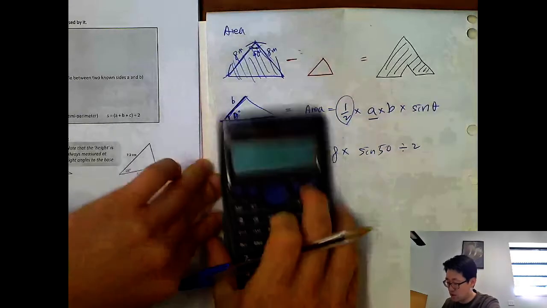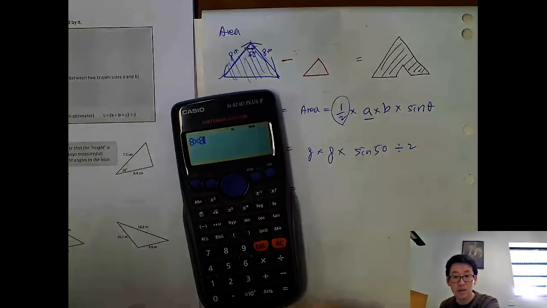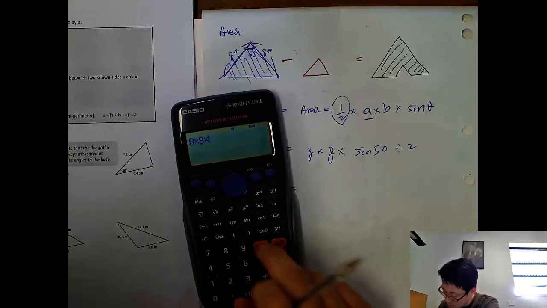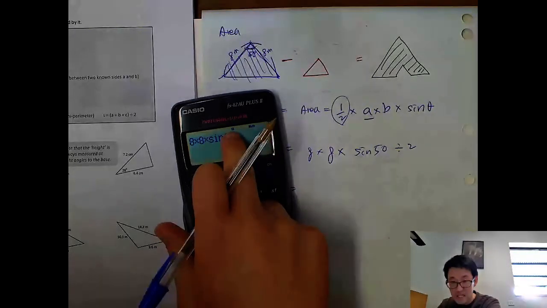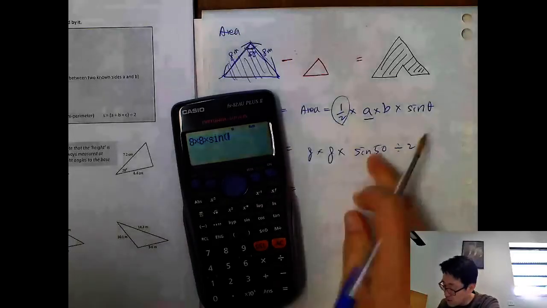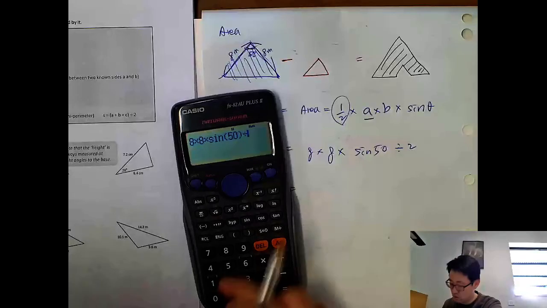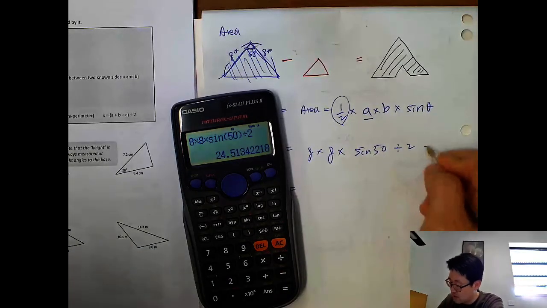So let's do that. 8 times 8 times sine, where is sine here? Sine, yeah, and make sure it's in degrees, 50, and then bracket, divide by 2, or times 1 over 2, same thing. What do I get?